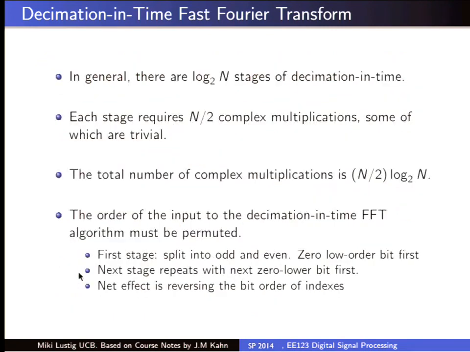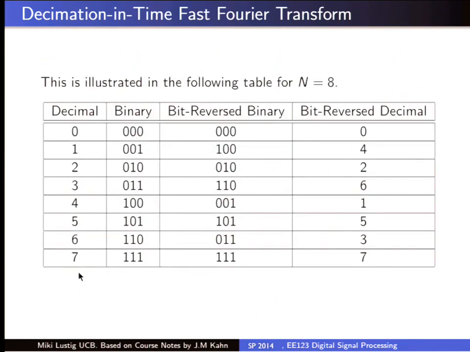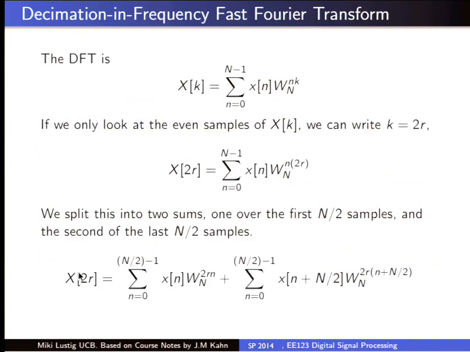Turns out, and I'm not going to go over this, that you could also do the same thing in frequency. So instead of breaking the x of n, the small x of n, into evens and odds, you can say, wait a second, I like the output odds, and I like the output evens.